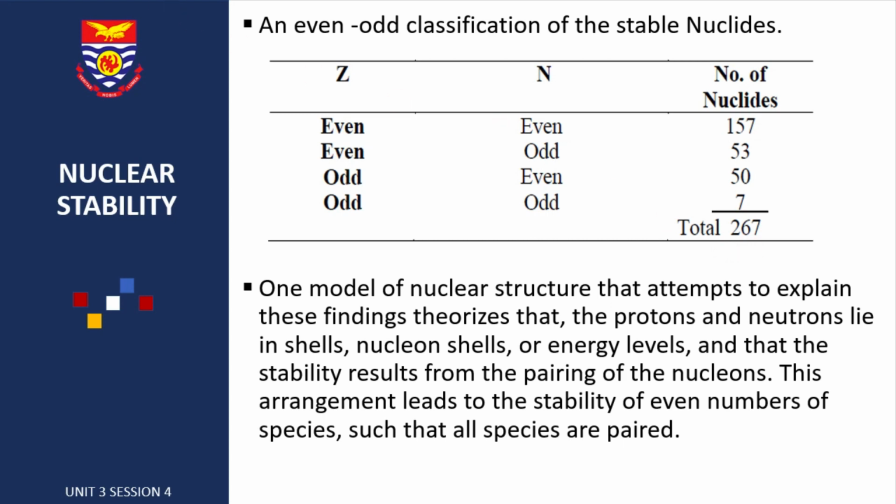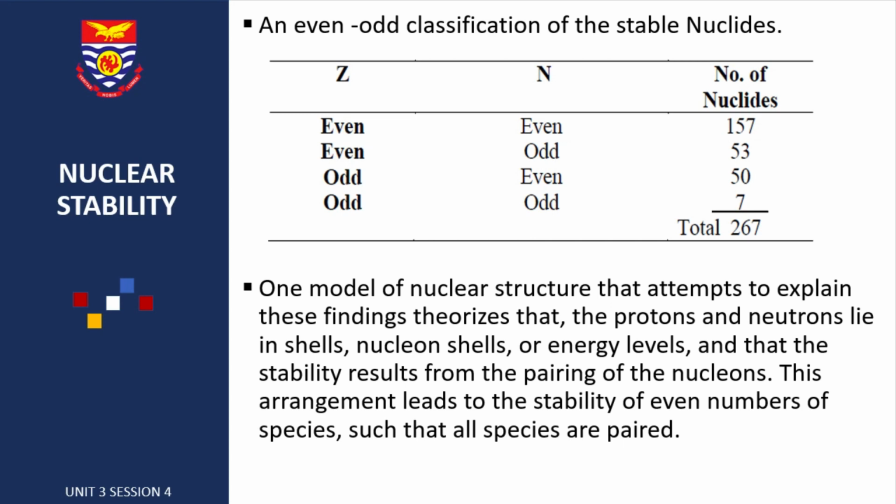Now there is a model that tries to explain this observation, where even proton number and even neutron number should give a stable nuclide, or even odd should give a stable nuclide. This model made a theory that the protons and neutrons in a particular atom lie in shells, or nucleon shells, or energy levels, and their stability is derived from the fact that there is pairing of the nucleons.